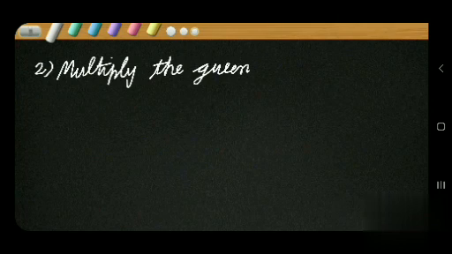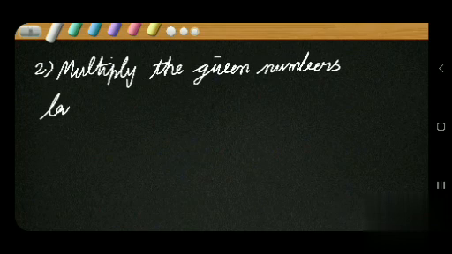Okay. Now let's try to do the second question. Multiply the given numbers by, we have done some examples of 20, etc. 3,000 or 300. Question number 2. Multiply the given numbers by 300.